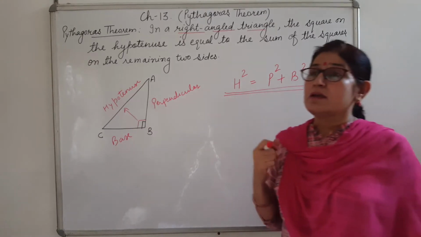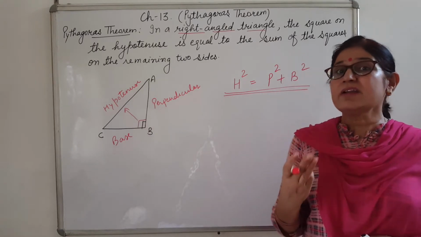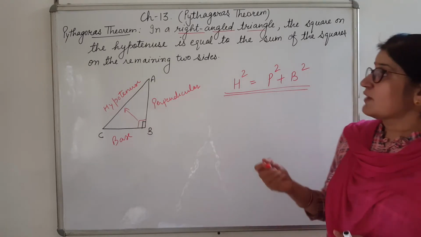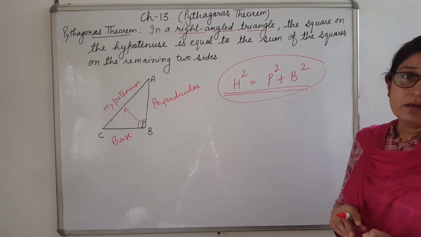One more thing, there is the Pythagorean triplet. What is a triplet? Any three numbers which satisfy this result are called a Pythagorean triplet.